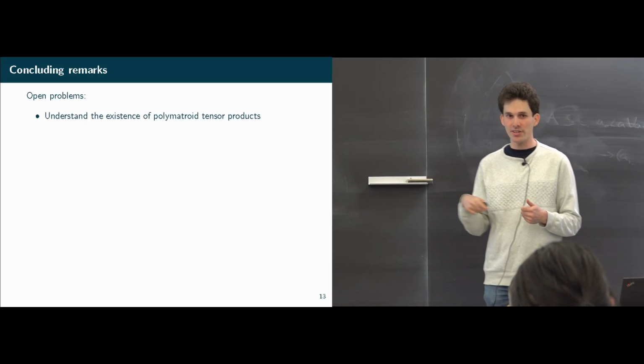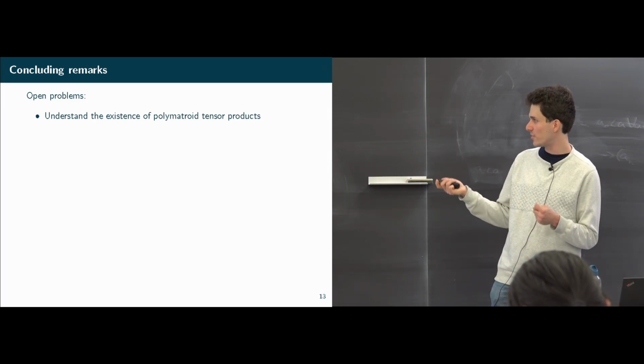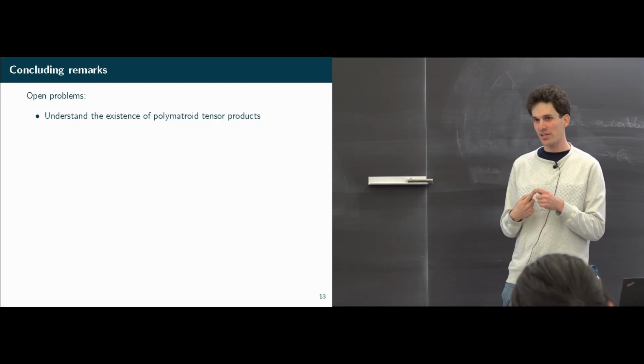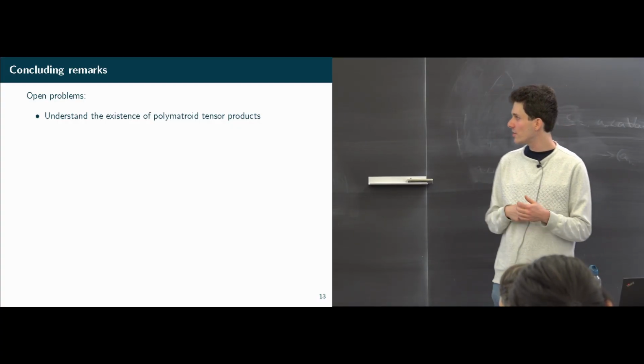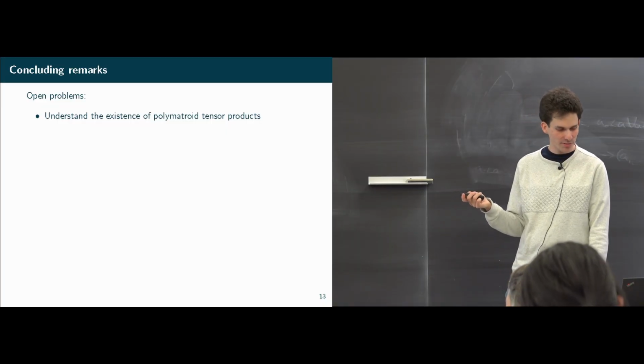But it is not clear for the main result with the sequence of U2,3s what happens there if we allow fractional polymatroid tensor products.